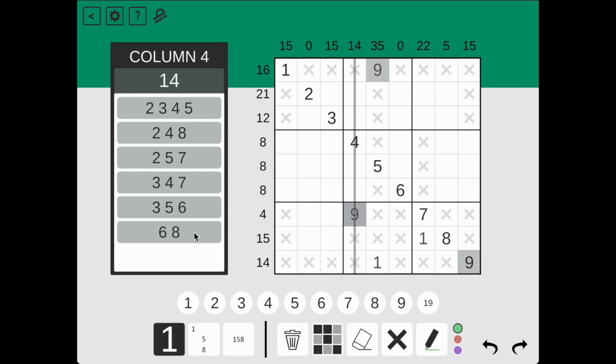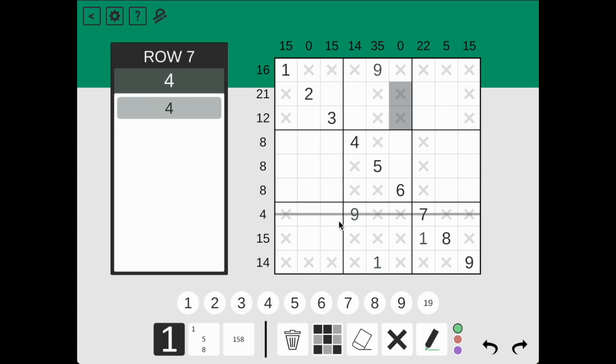And the digits between the 1 and the 9 add up to 14 in this column, which could be 2, 3, or 4 digits. So I can mark these up, but then I see there's a 4 here. So it's either 3 or 4 digits, and the 1 is here or here, which means neither of these can be the 1.